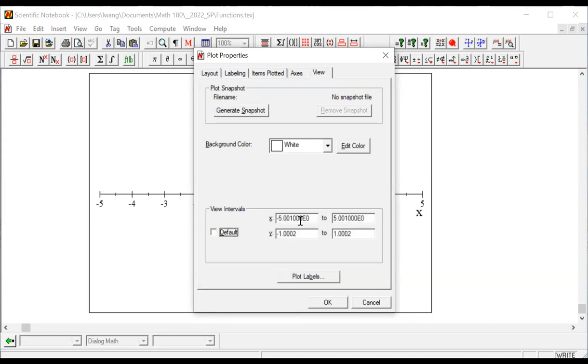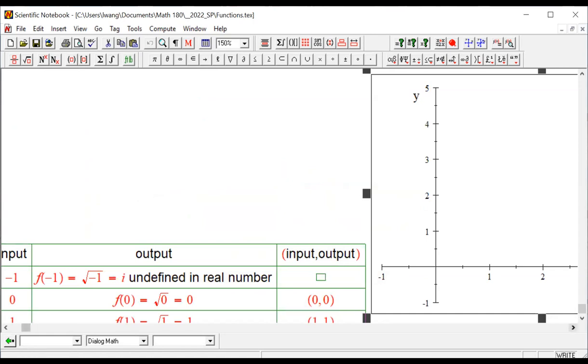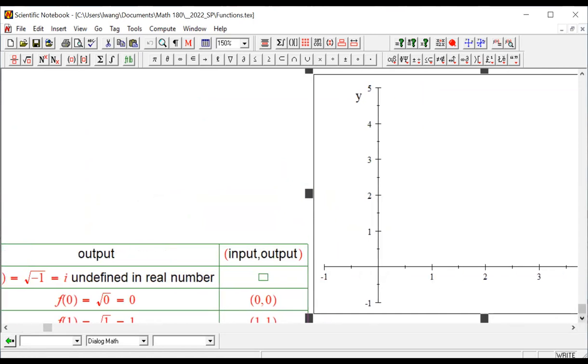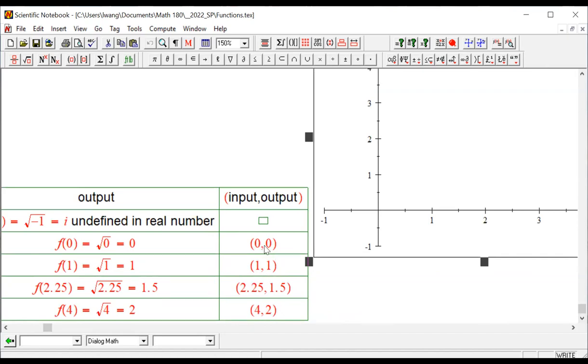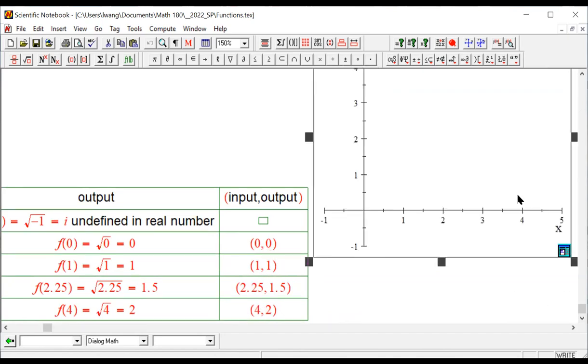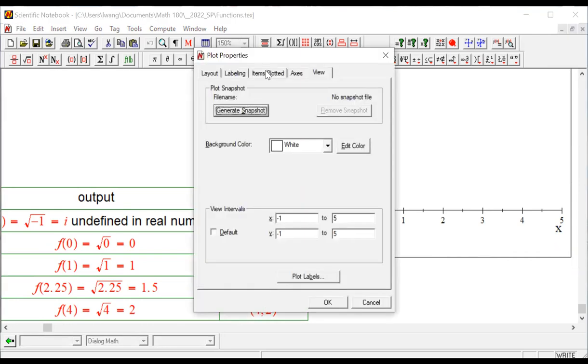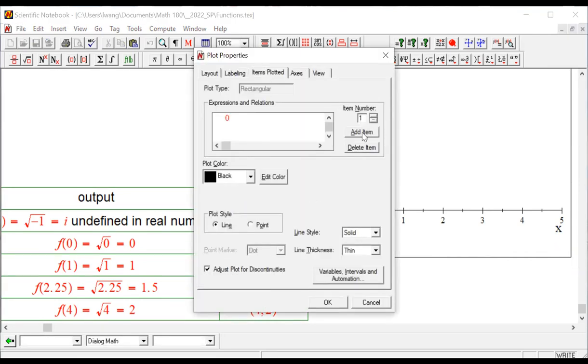The input can only be 0 or larger. So we're going to put the points in place. Go ahead, plot the points along with me.